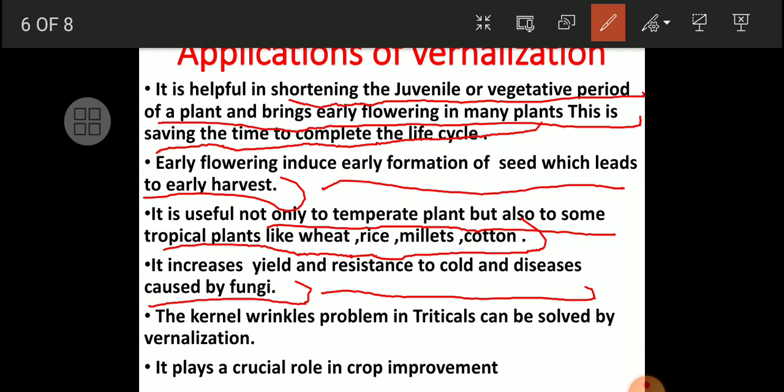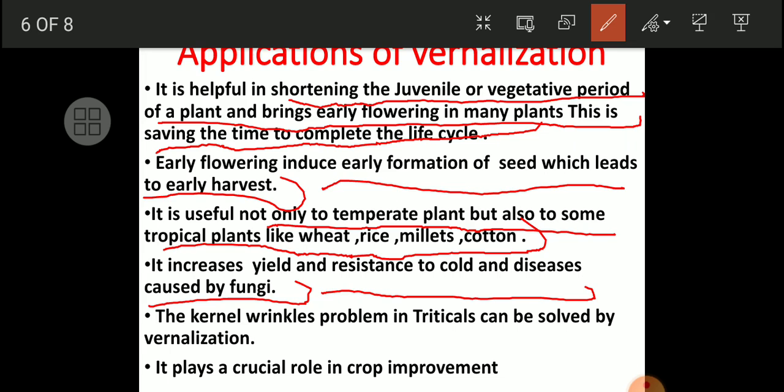Suppose early harvesting took place 2-3 months earlier, in February or in March. So definitely the disease causing fungi will not get a specific hot atmosphere or specific period for their infection to the specific plant, because the plant has already been removed or harvested early, isn't it?